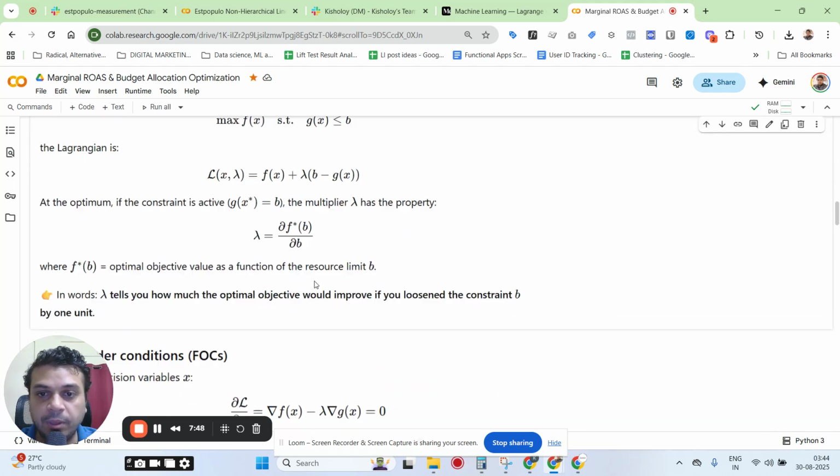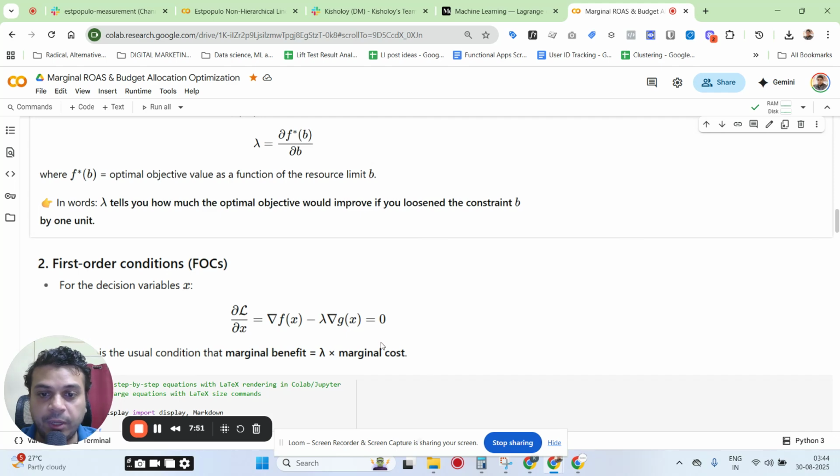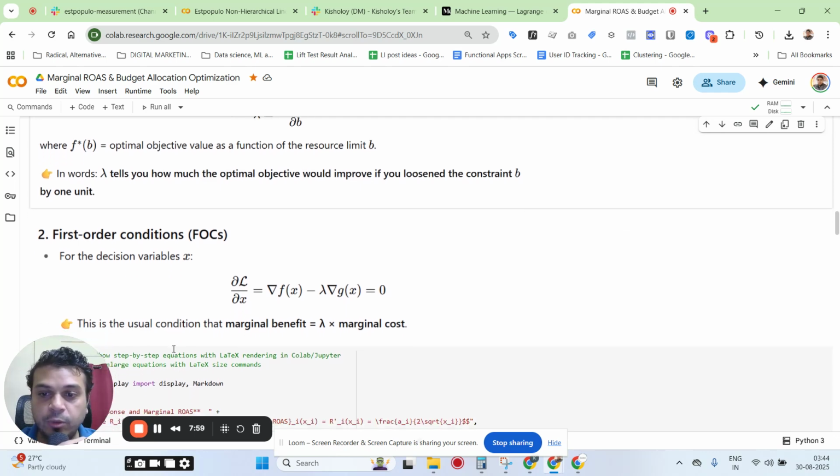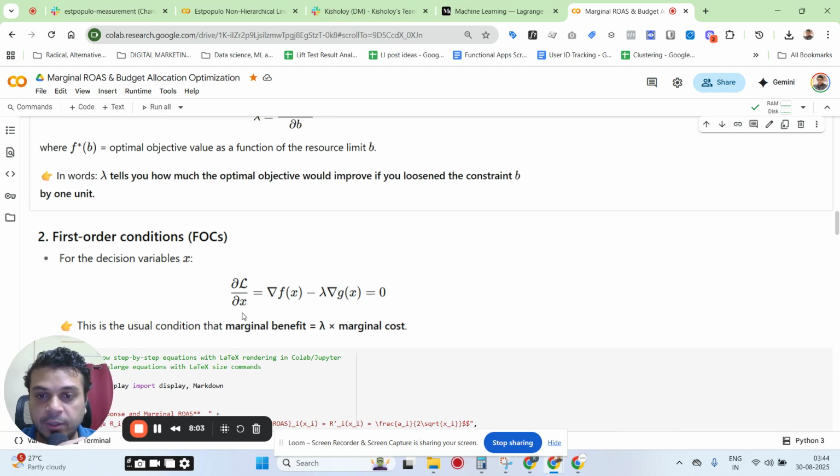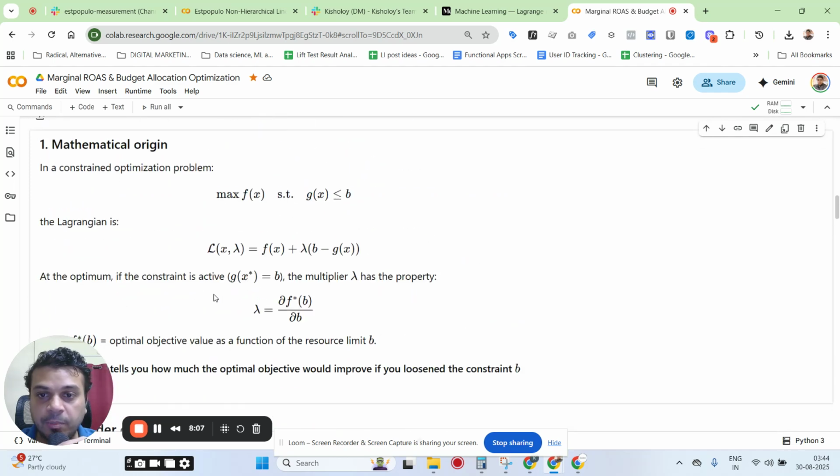That will be equated to zero. This is basically your local maxima. That's the definition that comes from calculus. So this is the usual condition, that marginal benefit is lambda into marginal cost. Okay, so solving for this equation gives us the solution.